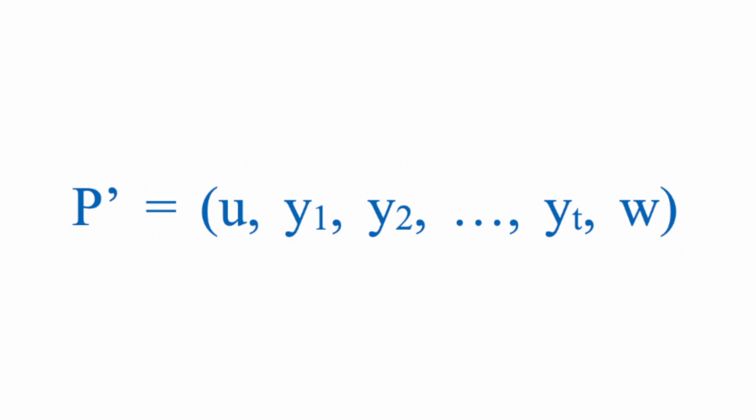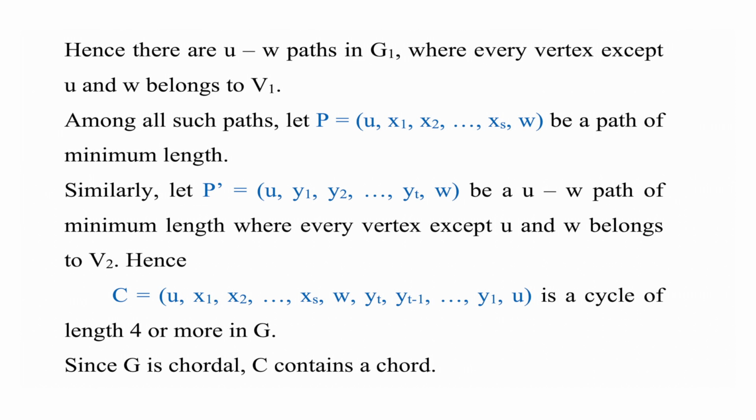Similarly, let P dash equal u, y1, y2, etc., yt, w be a uw path of minimum length where every vertex except u and w belongs to V2.